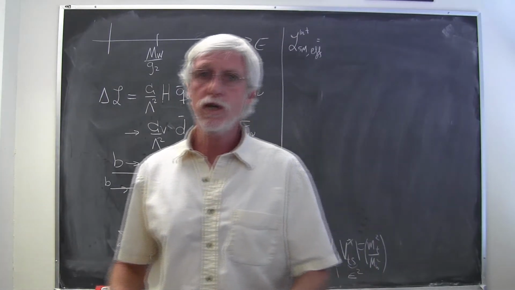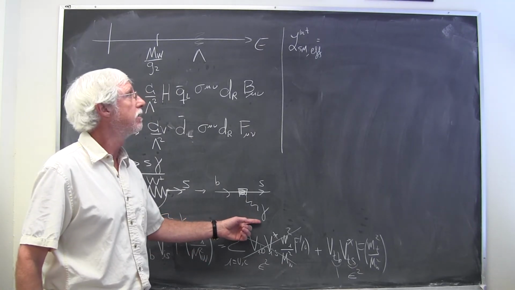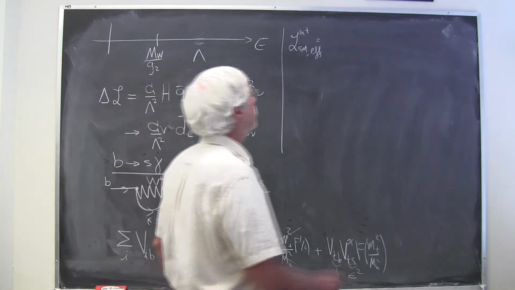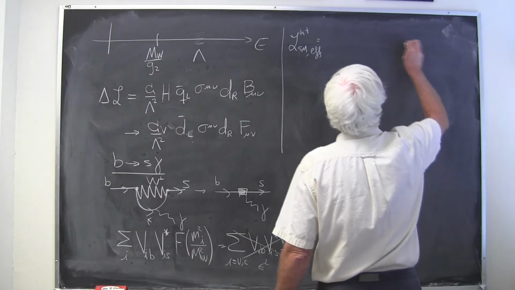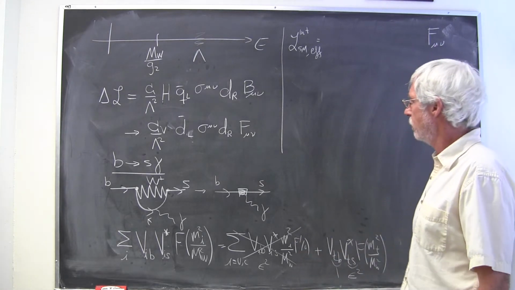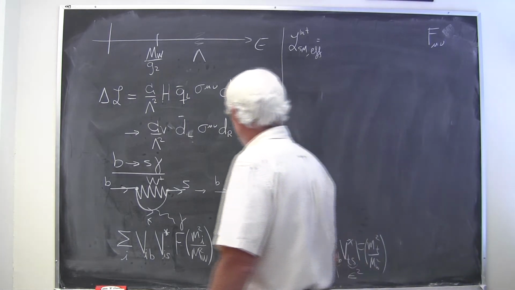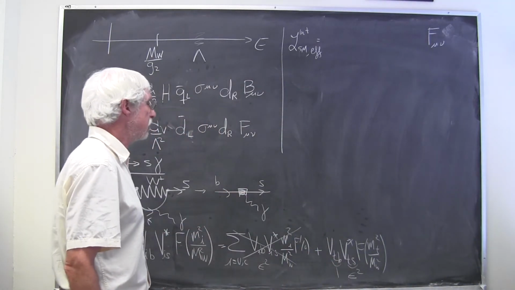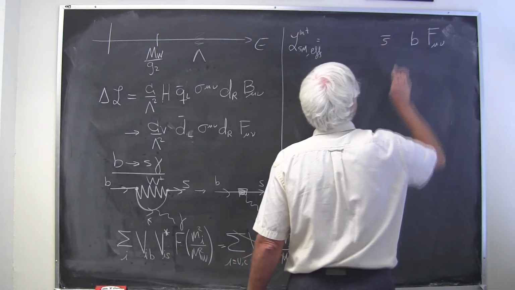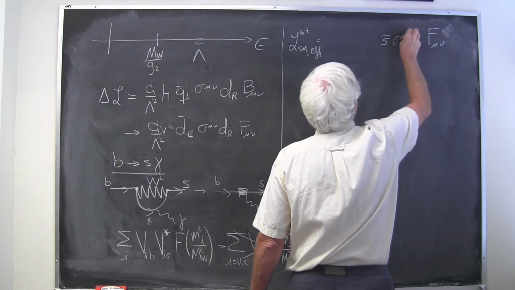Well, in order to produce a real photon, we'd better have a field strength tensor associated with this diagram. So I will put in here a factor of F_mu nu for the photon field strength. And then we have to have a quark bilinear with flavor S-bar and B. And to absorb these two indices, I have to have a matrix sigma mu nu.